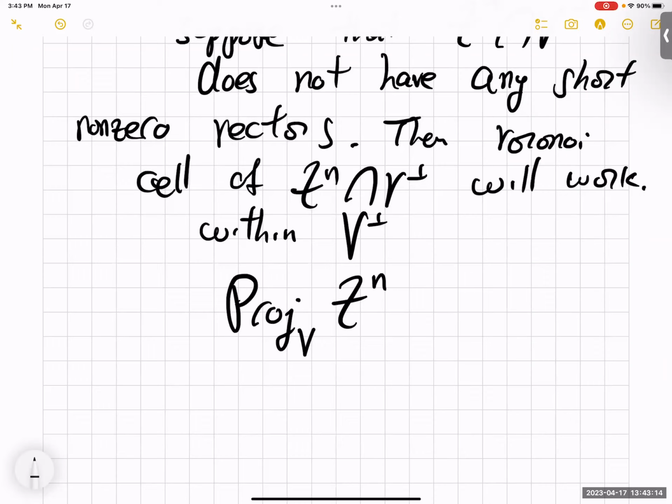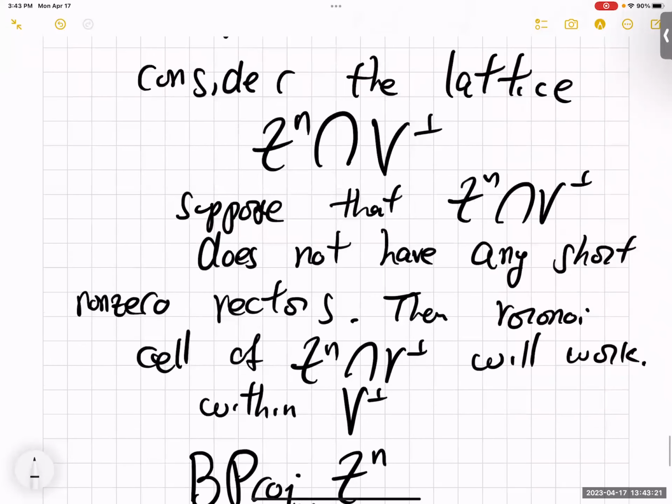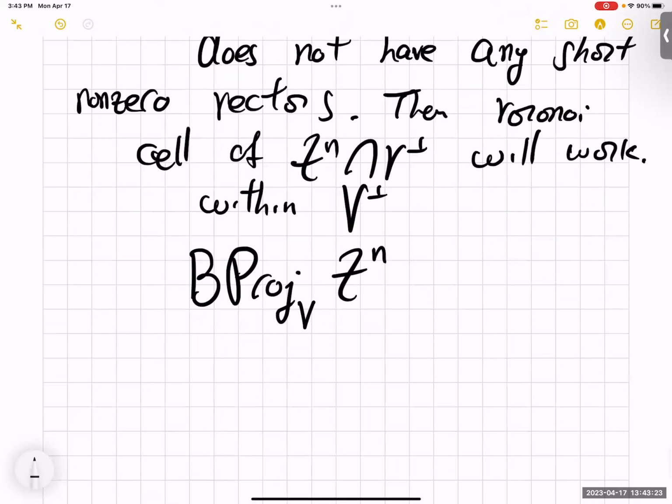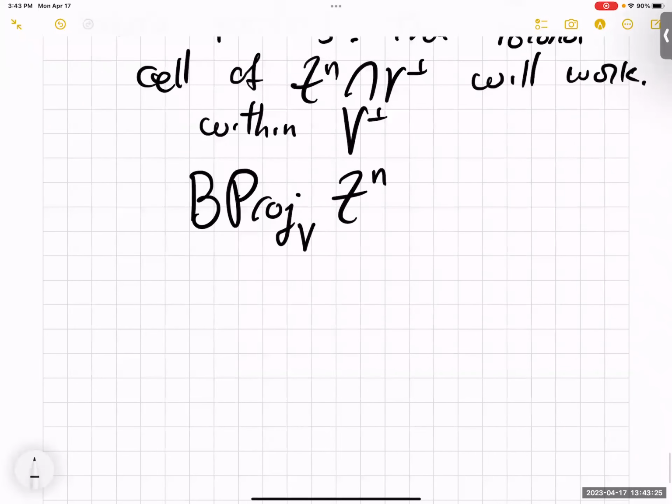And now we'll apply B to it. The matrix B was the m by n matrix. Suppose that this is a lattice. I'll have to make sure it is when I actually apply the proof.